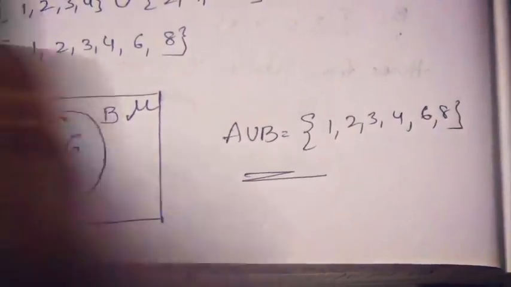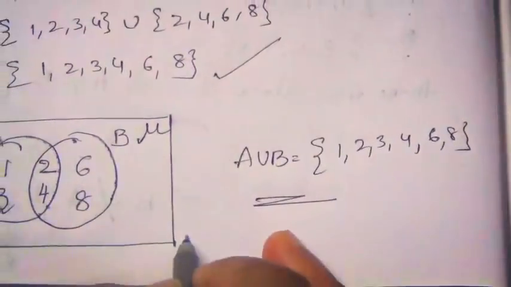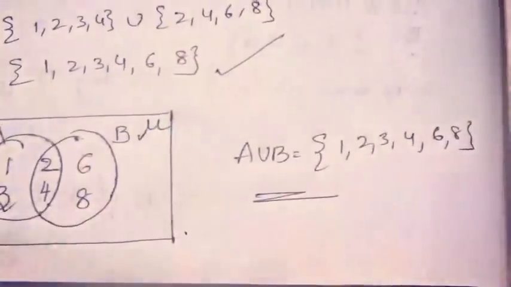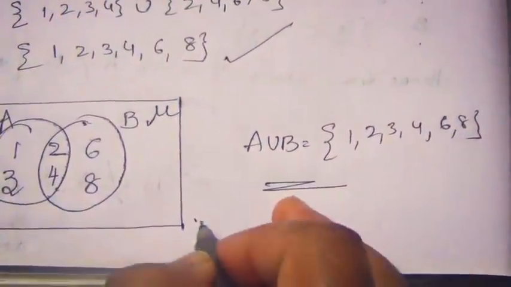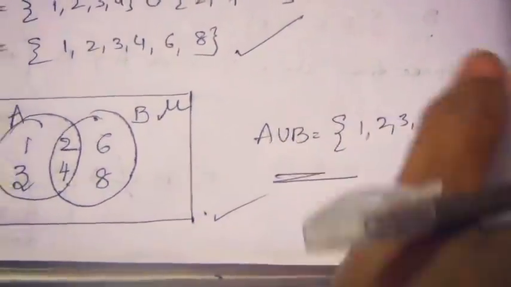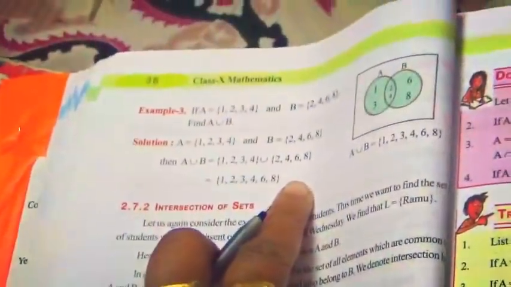Just like this. It is one kind of method, and it is used by using this Venn diagram. You can solve any one, right? So up to the third example we will finish these union problems. Now intersection problems. Okay, example 4.